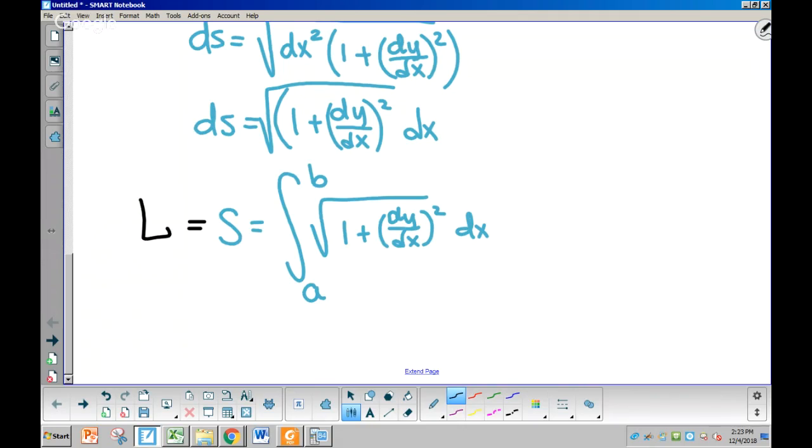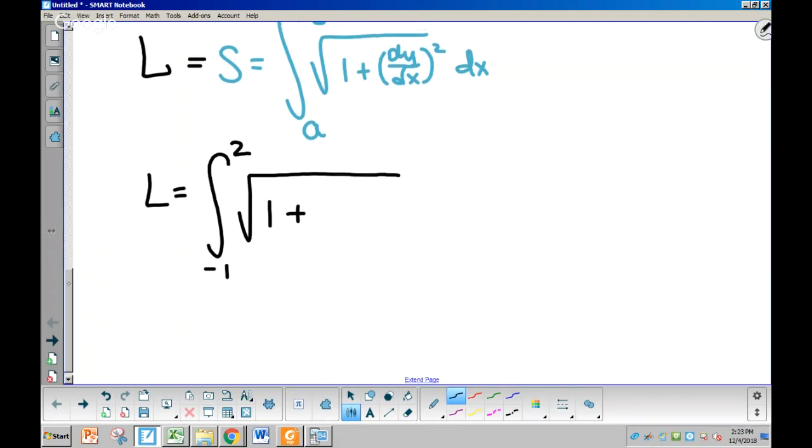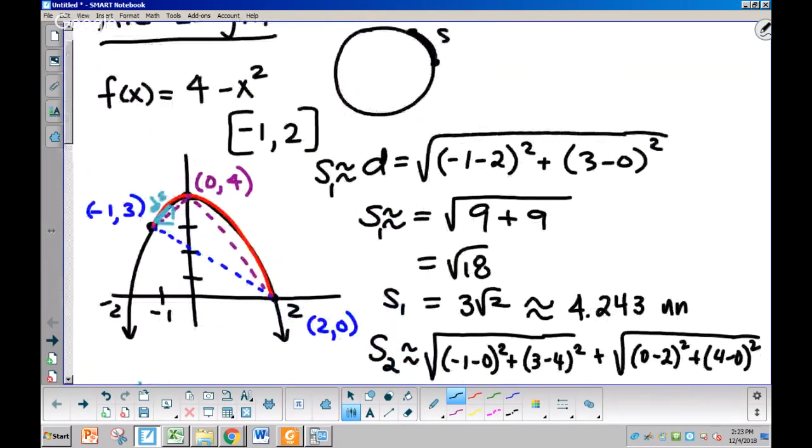So let's see if we can find the exact length of that curve. We're going to say L equals the integral from -1 to 2, because that's what we were trying to find, of the square root of 1 plus, well, what is the derivative of our function? -2x. Right, dy dx here, or f prime of x here, is -2x. Do we agree?